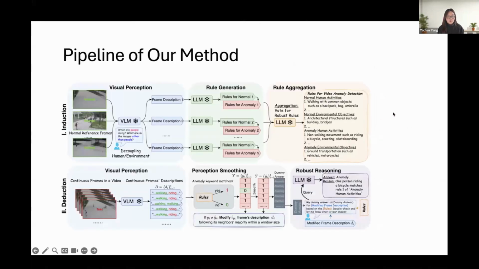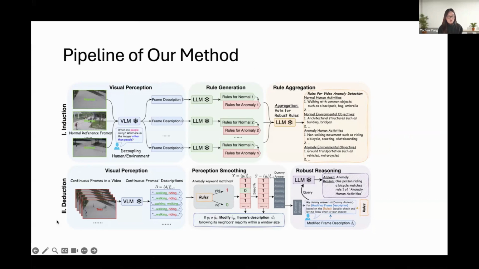So this is the pipeline of our method. We have 6 modules here. The top line is the induction stage, and the bottom line is the deduction stage. In the induction stage, we have 3 modules: visual perception, which takes responsibility for transferring the image frame into text, then rule generation, and then rule aggregation.